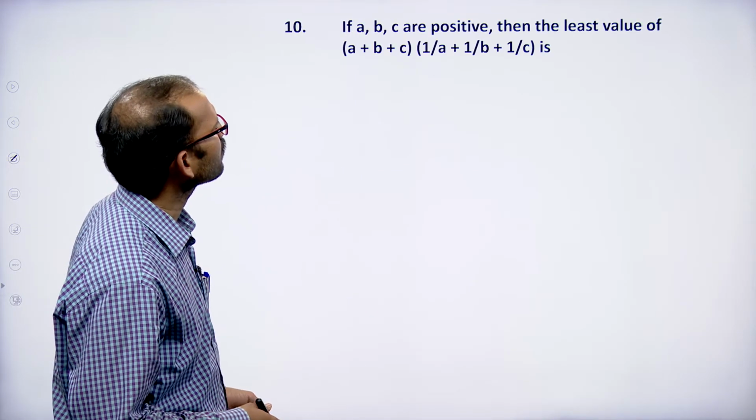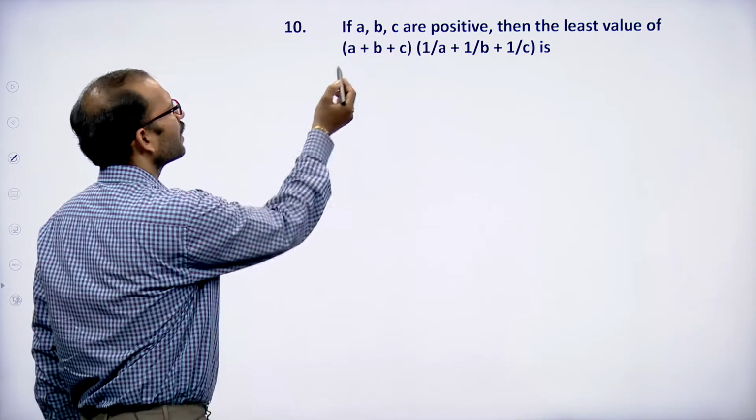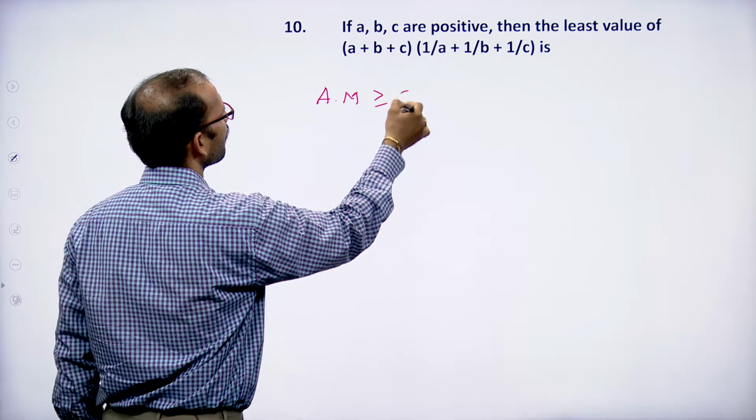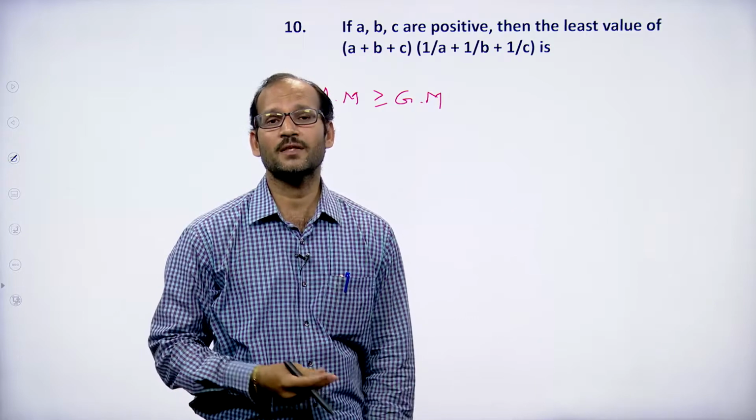A, b, c are positive, then the least value of (a plus b plus c) and (1 by a plus 1 by b plus 1 by c). See, simple. For a plus b plus c, we know arithmetic mean is greater than or equal to geometric mean, which we learned in the sequence and series basic topic.